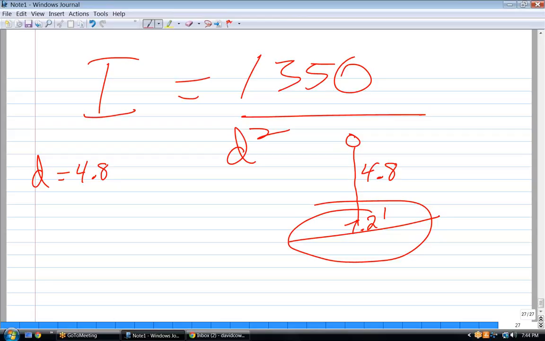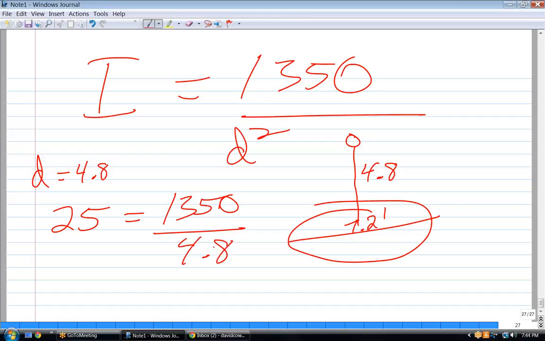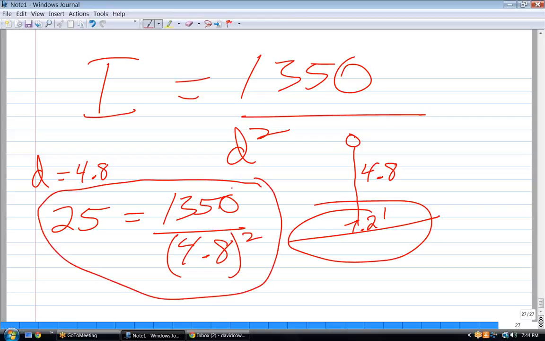If the illumination equals 25 lux at the center of the table, what is it at the edge of the table? So first of all, is that true? Squared. In other words, that should be the center of the table. Make sure that that's true, just so I understand the problem properly.